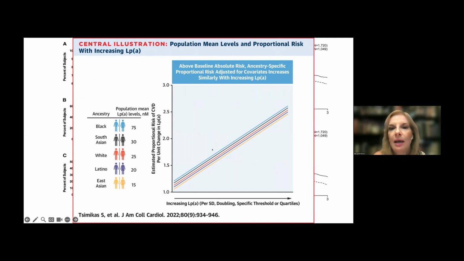However, apart from the ancestry-specific characterization, the higher the levels of LPA, the higher is the risk for future cardiovascular events.